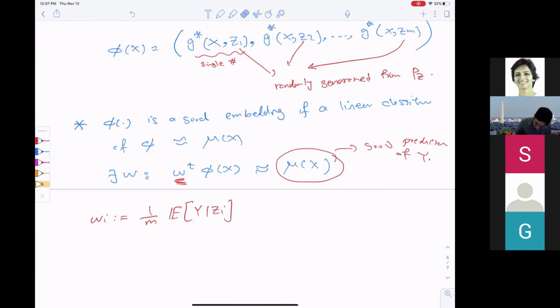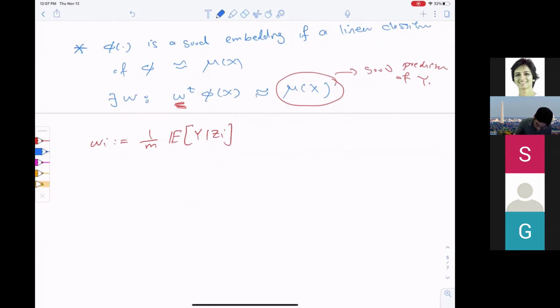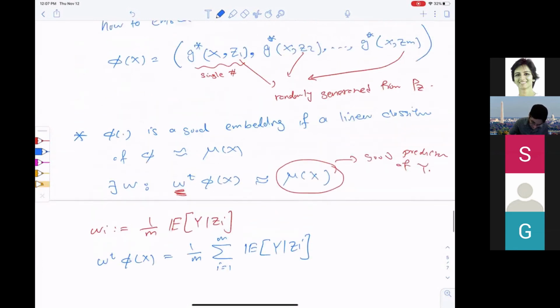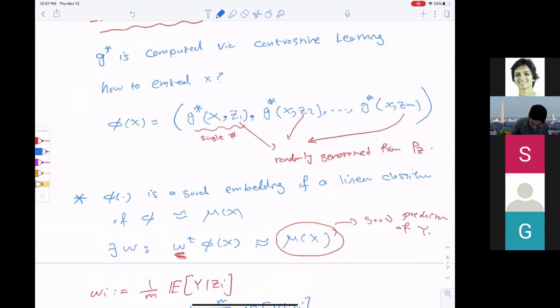So W transpose phi of x would be 1 over m, sum i from 1 to m, of the expectation of y given Z_i, times the ith element of phi, which I know is G star of x and Z_i.